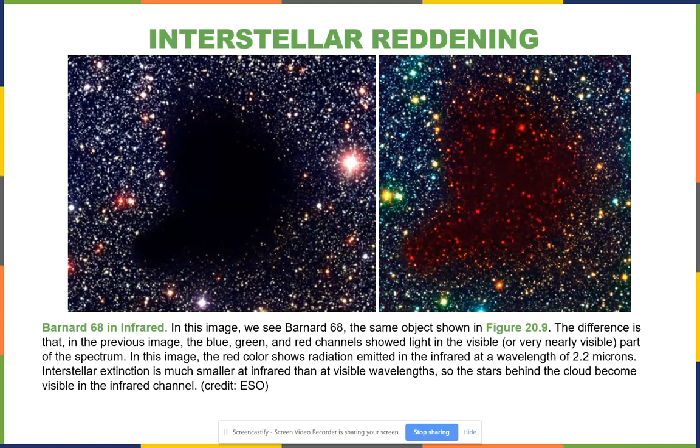Okay, back to this. Oh man, it looks once again better on a computer monitor or in a textbook if you have a physical one than it does in the projection. These are two pictures of the same region of Bernard 68. And you can notice that you have the features reproduced. This set of two is this set of two.